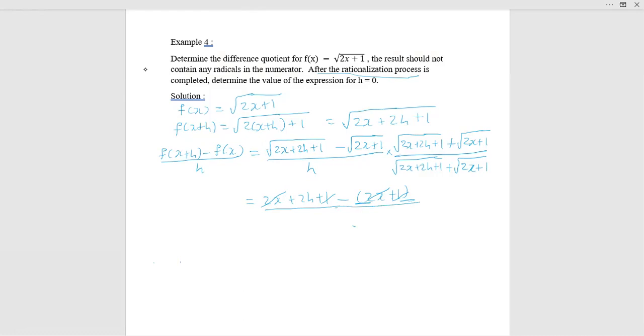I multiplied the numerator, but I forgot this part of the denominator. From here we get h. From this part we get square root of 2x plus 2h plus 1 plus square root of 2x plus 1.